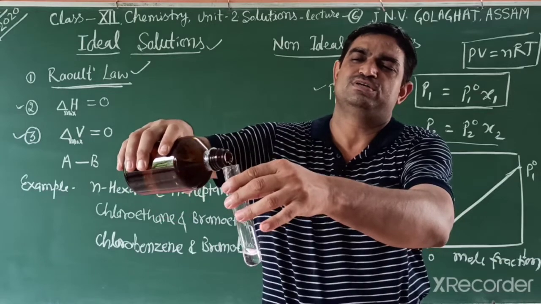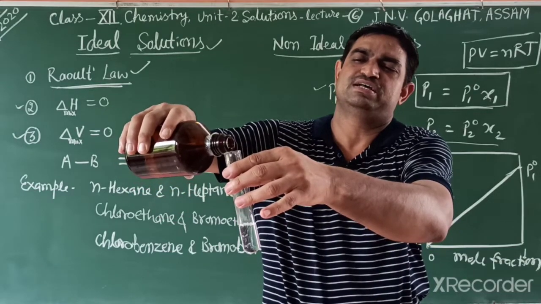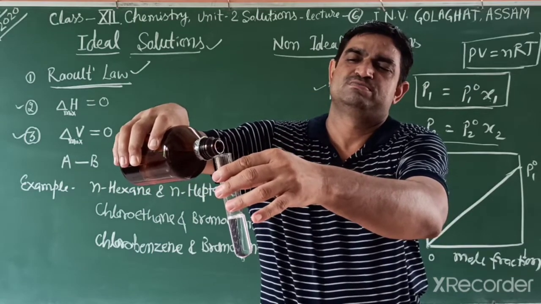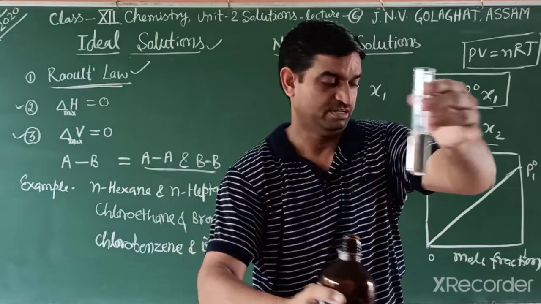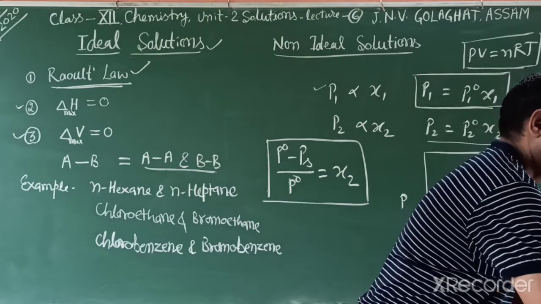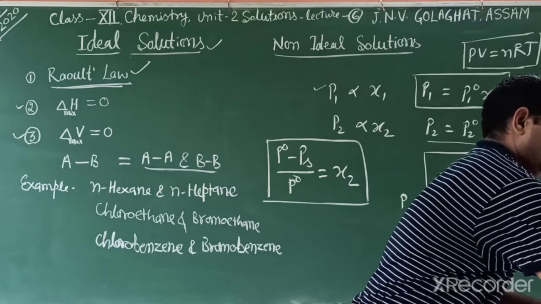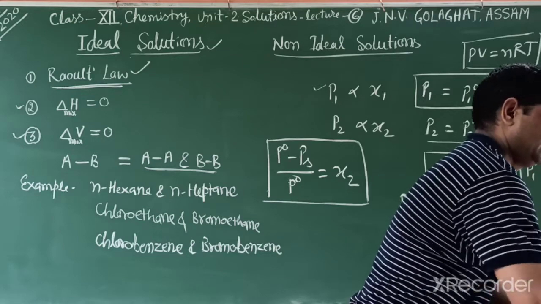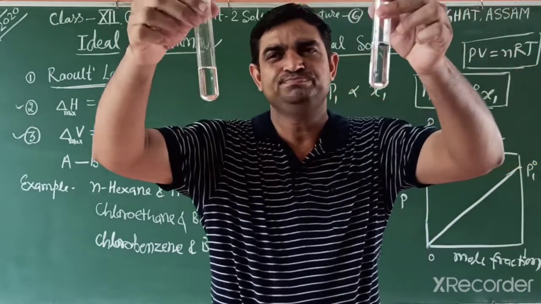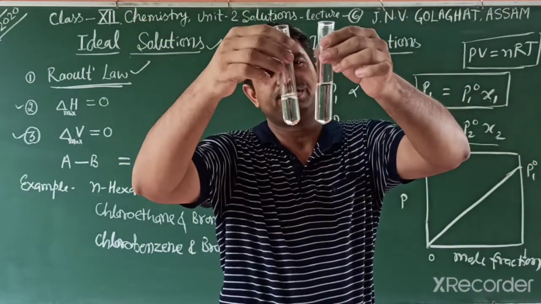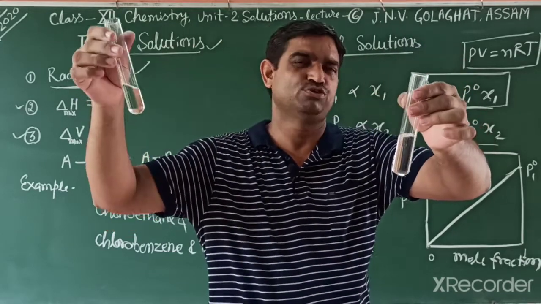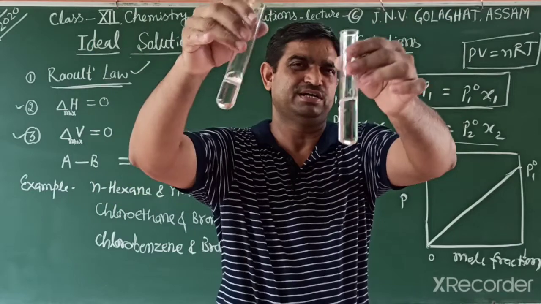Both are colorless, as you can observe. I want to prepare a solution of this chlorobenzene, 10 ml, and this benzene, 15 ml.